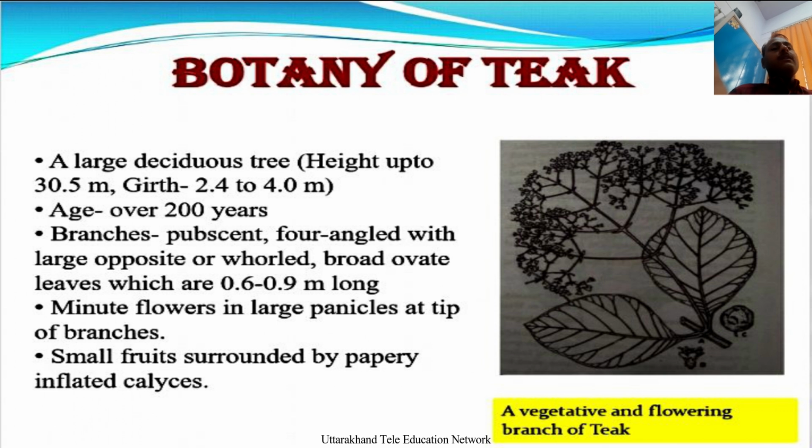Age of Tectona grandis has been calculated as more than 200 years, if it is not infected with some pathogen or disease. So it may be alive for more than 200 years. Branches are pubescent, four-angled with large opposite, broad ovate leaves which are 0.6 to 0.9 meter long.